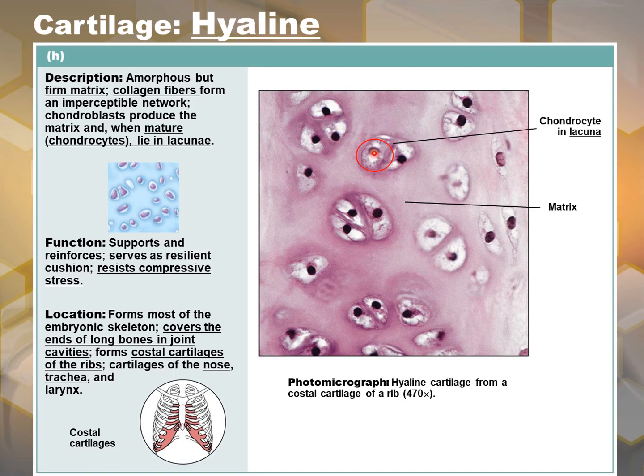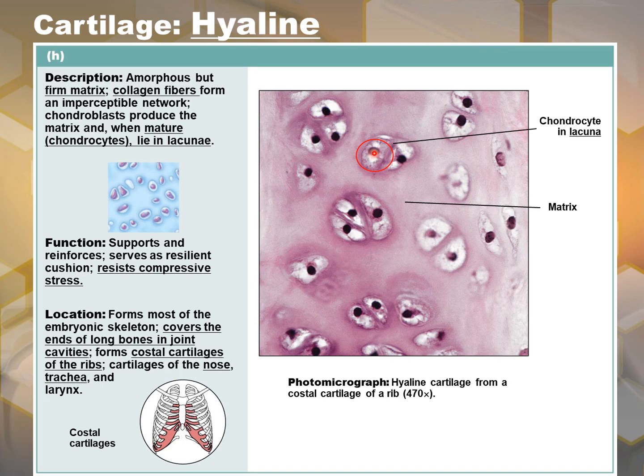So what's the whole point of cartilage? Really it forms a cushion at the ends of bones. It supports and reinforces, and because it's firm but also flexible, it can resist compressive forces.